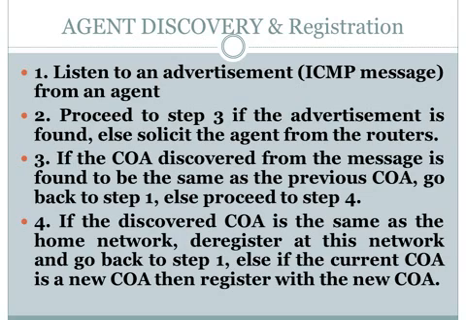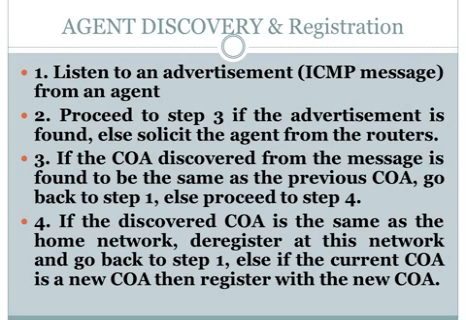The other case, I told you, is if the COA is the same as the home agent address, then we have to deregister at this network and go back to step 1. Okay, that means we are no longer using a foreign agent. We are under the service of the home agent only. So we deregister with the COA and go back to step 1.